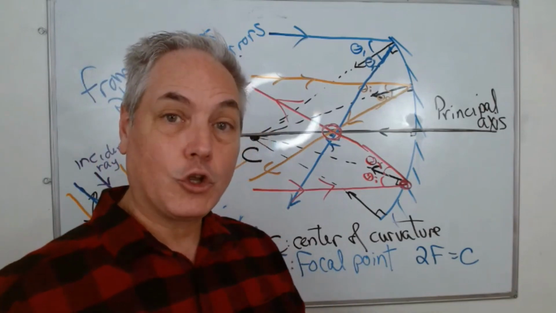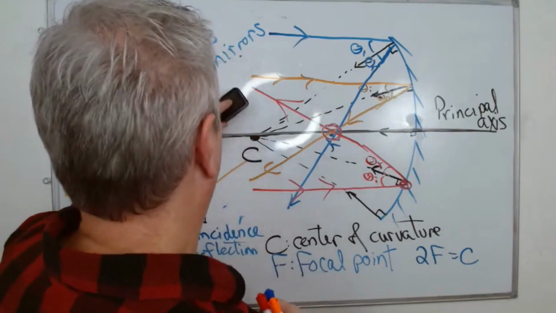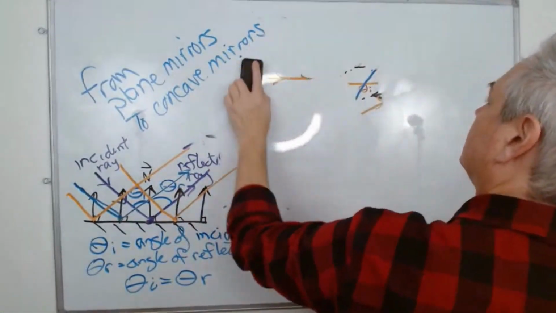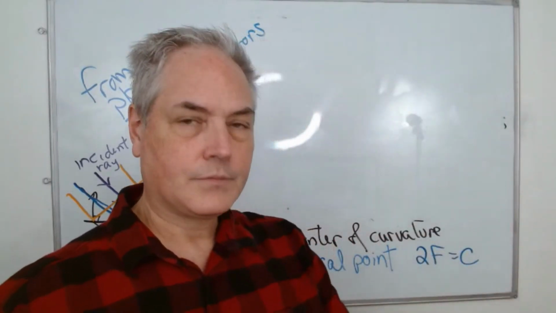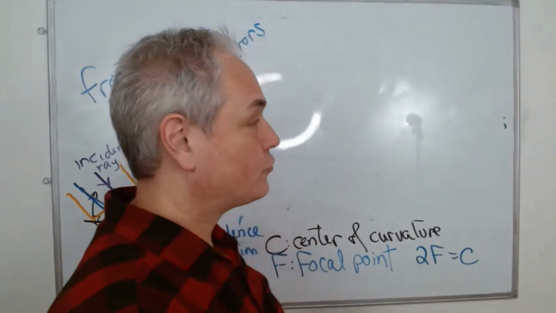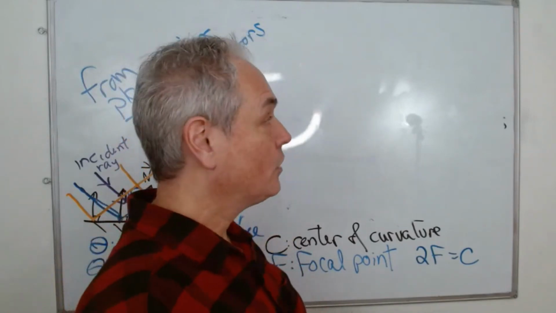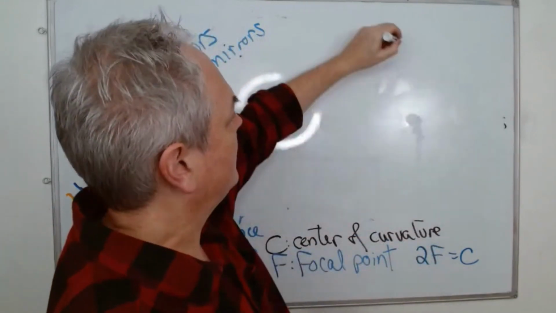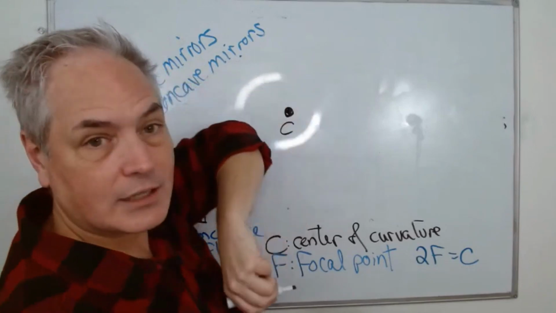Let's see if I can give you another example before we conclude this video. This one will go a bit faster so that when you are in a situation where you have a test or you have to give an example, you can understand where the rays are going. So here I have my center of curvature.